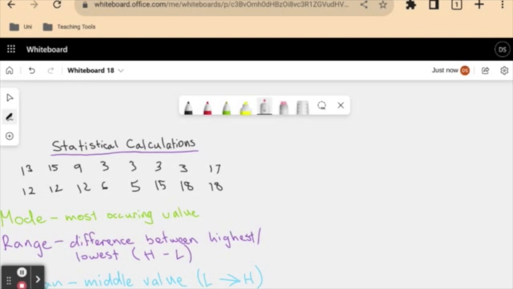when we actually calculate things from our data, we can often just read off it. So our mode, we counted that 3 was the most occurring number. So that is going to be our mode.